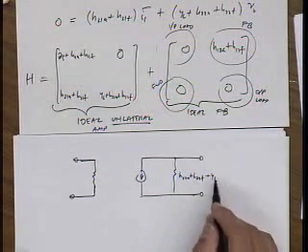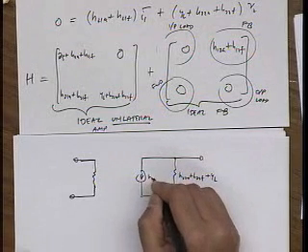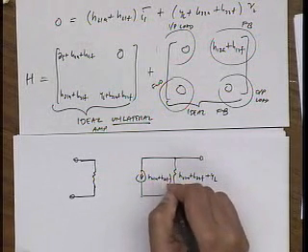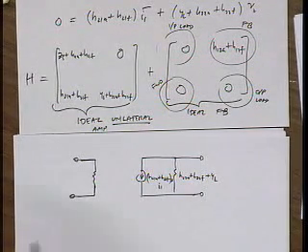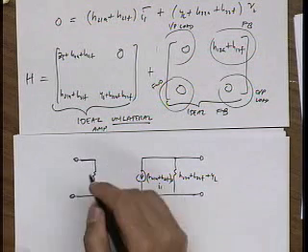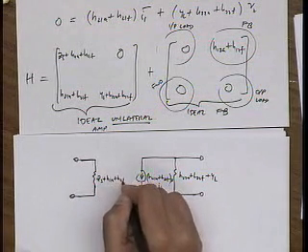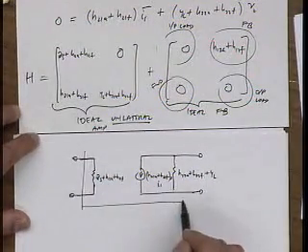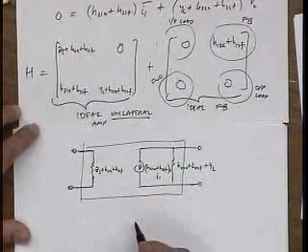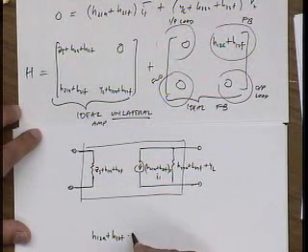So I've even lumped the loading of the load into my amplifier. This is H21A plus H21F times I1. And this is now ZS plus H11A plus H11F. Okay, so that's the equivalent circuit of my amplifier. Then the equivalent circuit of my feedback is H12A plus H12F times V2.